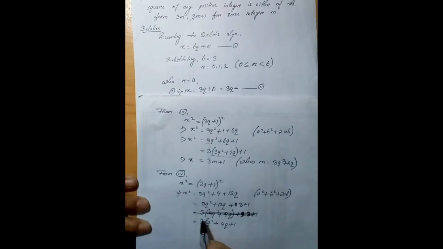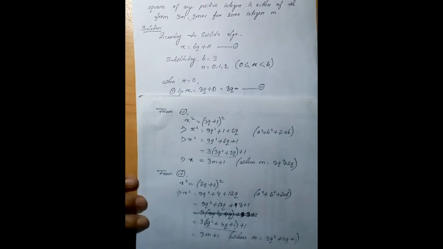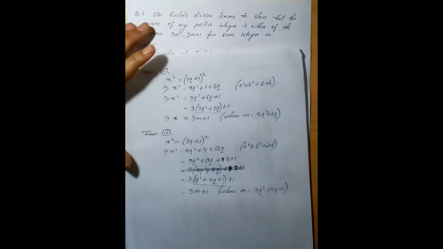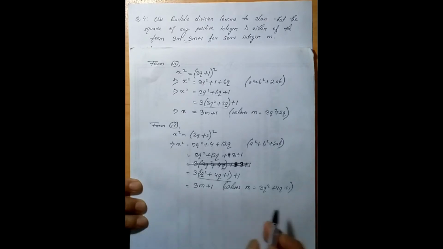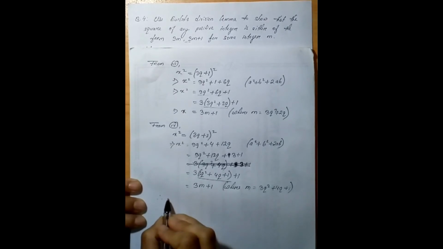If 3 goes outside, then it will be 1 because 3 ones are 3, then plus 1 left, and we can write this whole as m plus 1, where m is equal to 3q square plus 4q plus 1. So we have reached the end of the exercise.